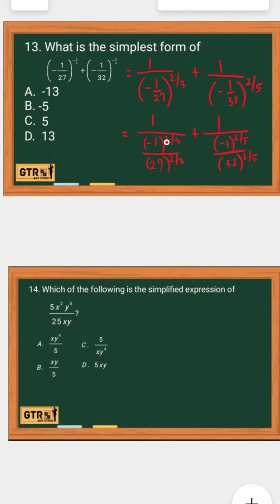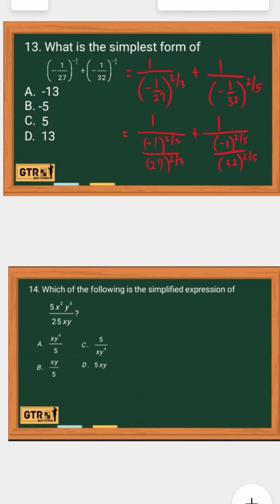So dahil naka-square siya, negative 1 squared, that is positive 1. Tapos cube root ng 1, 1 pa rin. So 1 na lang ito. So 1 over 1. So ito na lang ang sinosolve natin dito. So ganun din dito, negative 1 squared, so that is positive 1 na. Fifth root ng 1, 1 pa rin. So ie-evaluate na lang natin itong denominator natin dito.